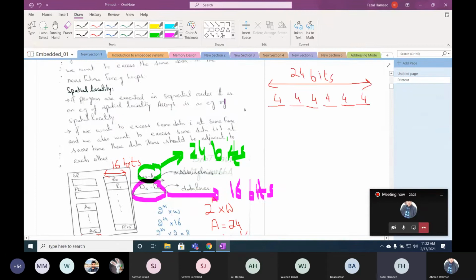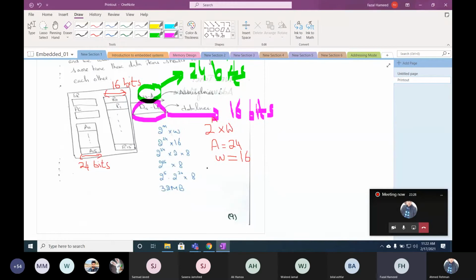The 24 address lines will look like this: A23, then A22, A21, and so forth. And in the last, it will be A01 and A00.